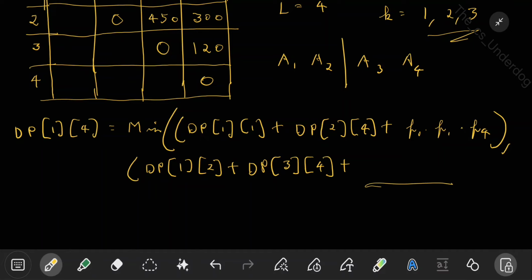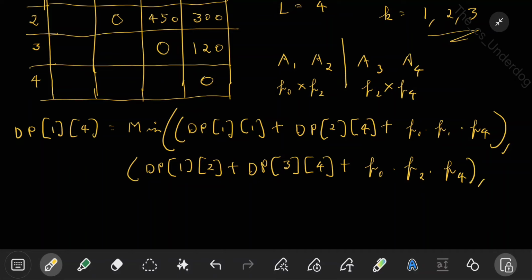After this, what will be the total number of scalar multiplications? A1, A2 will be of size P0 by P2. What about A3, A4? It will be of size P2 by P4. So total number of scalar multiplications will be P0 into P2 into P4. This is the second one.